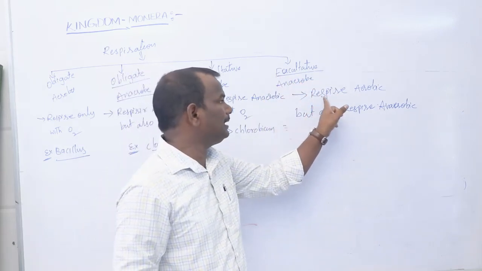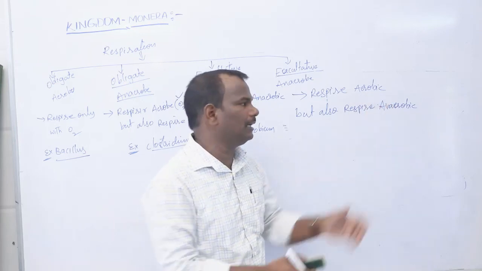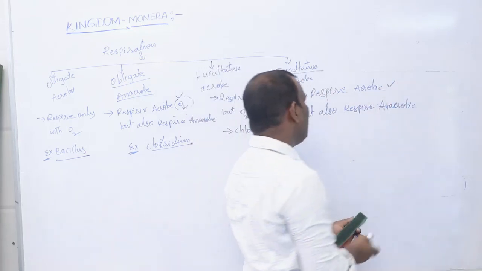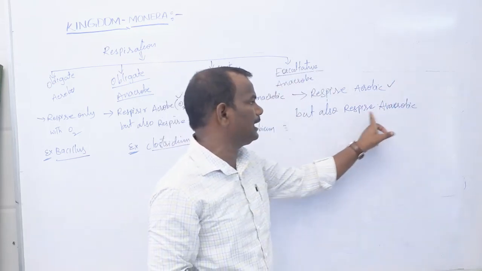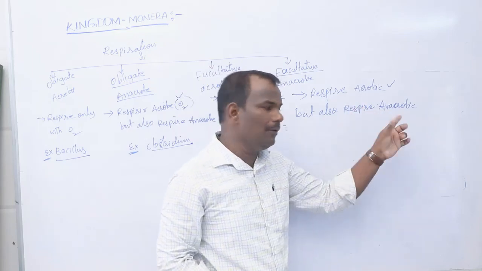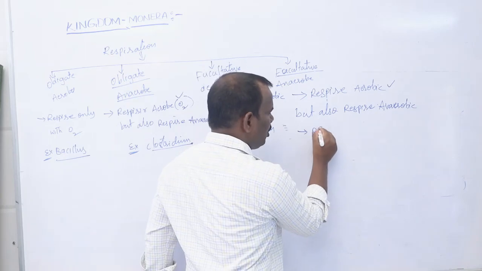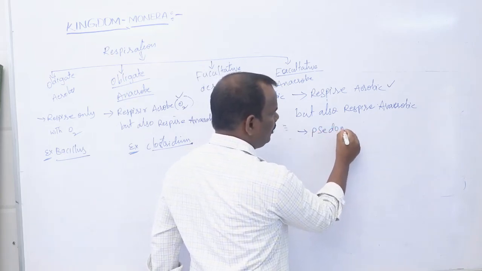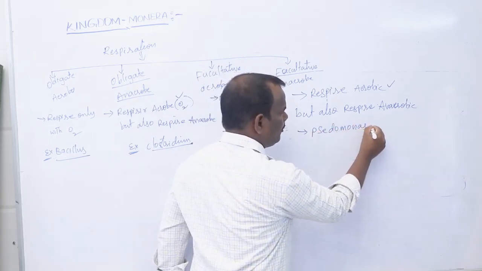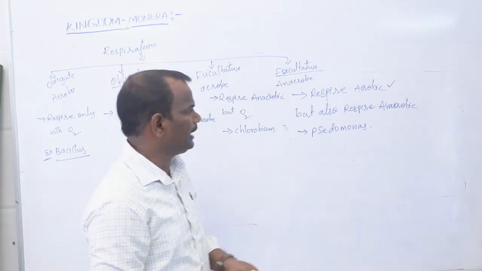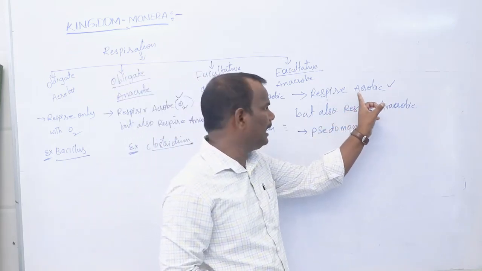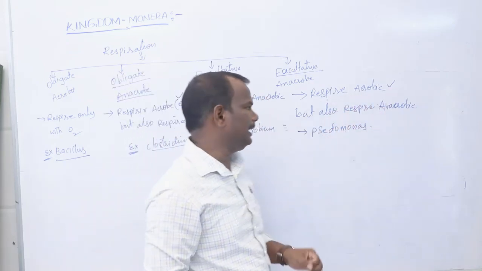This bacteria can normally respire aerobically, but it can also live in anaerobic conditions. The example is Pseudomonas bacteria, which can respire in both aerobic and anaerobic conditions.